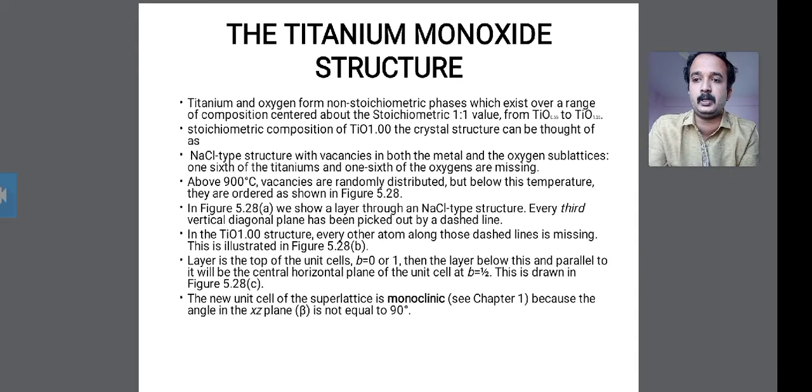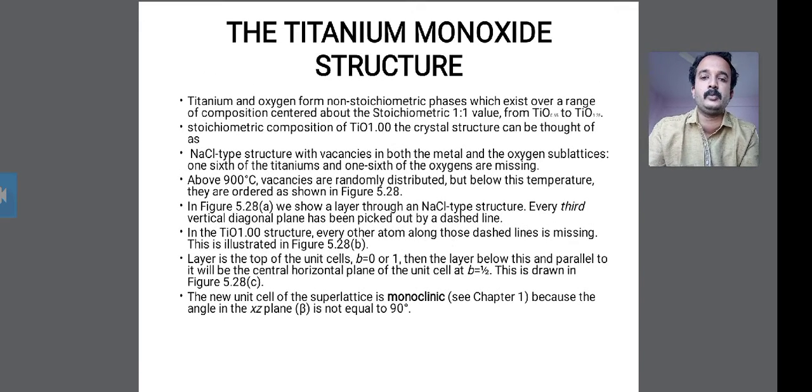Titanium and oxygen form non-stoichiometric phases, which exist over a range of composition centered about the stoichiometry 1:1 value, from TiO 0.65 to TiO 1.25.